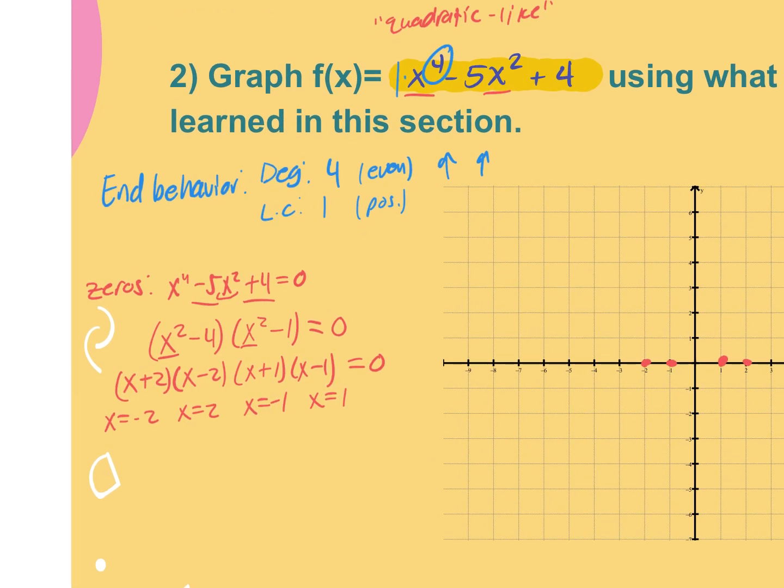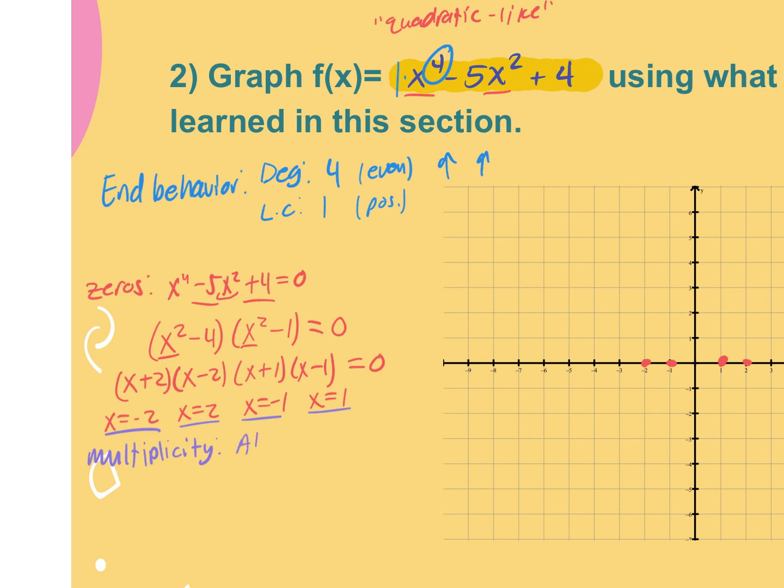Now for multiplicity, we had said that that is the number of times that each solution shows up. Negative 2 only shows up once, so does positive 2, and negative 1 and positive 1. They all only show up once in our final answer. We only get them as solutions once each.